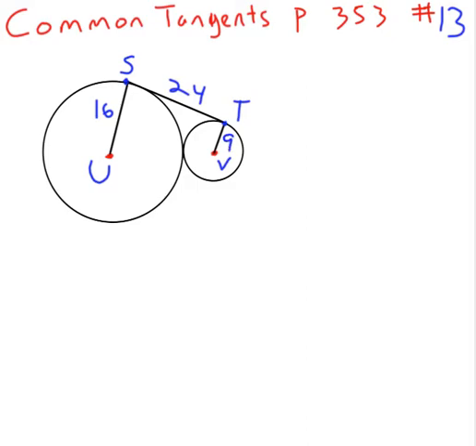We are also given that UV is 25. And we are asked to find VT. So I kind of jumped the gun there and gave us the answer. We don't know that VT is 9 yet. That is what we are looking for.